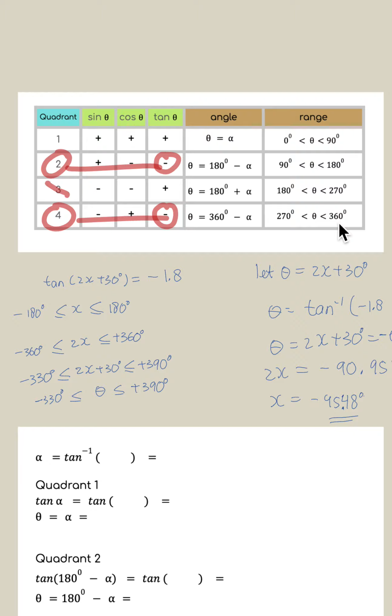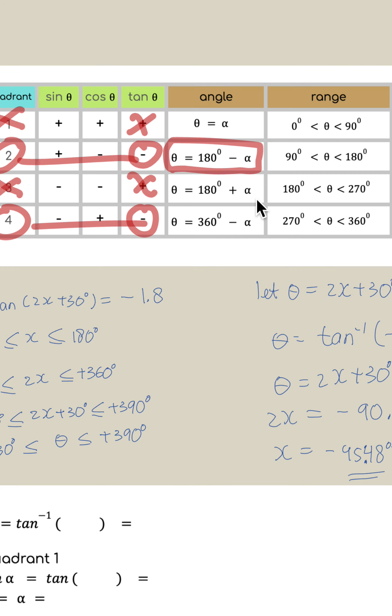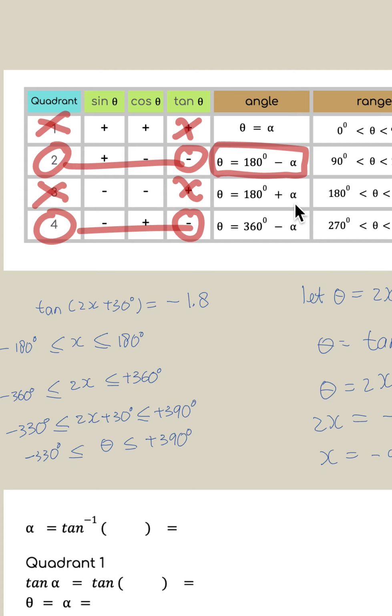Don't use quadrant 3 and quadrant 1, because they will produce a positive value for tangent. For quadrant 2, the angle will be 180 minus alpha. For quadrant 4, the angle is 360 minus alpha.